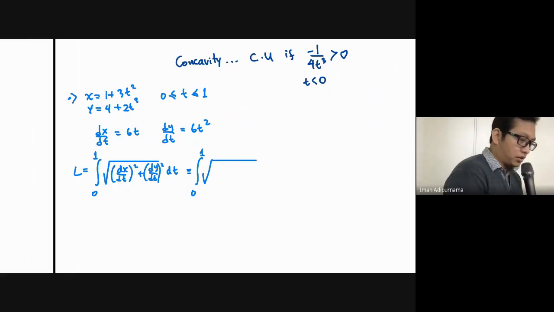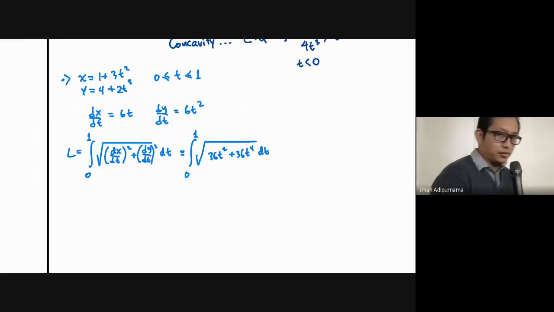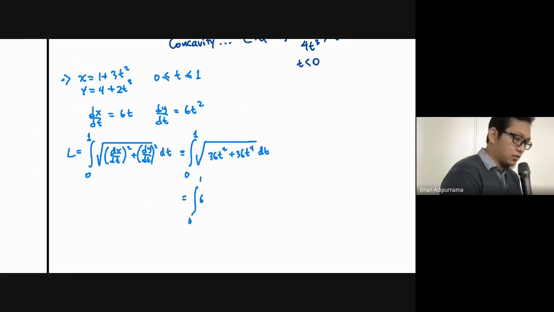Dx will be 36t squared plus 36t for dt. We can factorize 36.